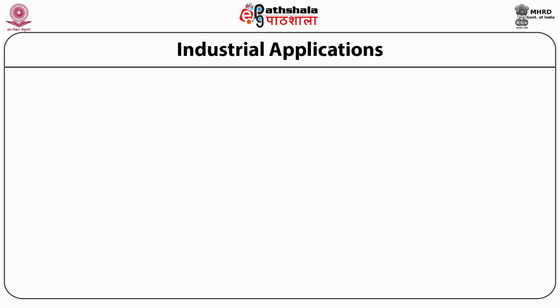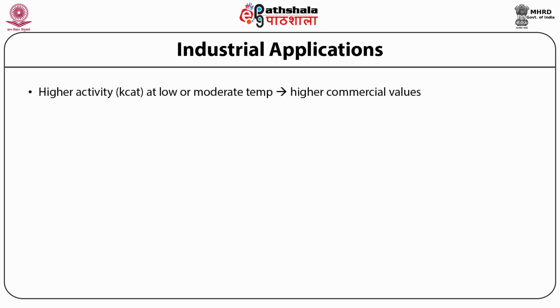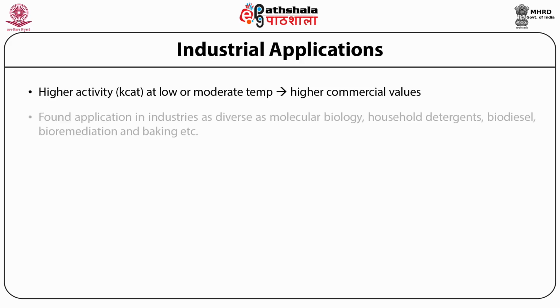If we look at the activity of these enzymes, they show higher activity in comparison to mesophilic enzymes, and they show this higher activity at low or moderate temperatures. The basic utility of these enzymes is their higher activity at low temperature, which found them industrial applications. These enzymes are now being used in industries as diverse as molecular biology, household detergents, biodiesel, bioremediation, and baking.